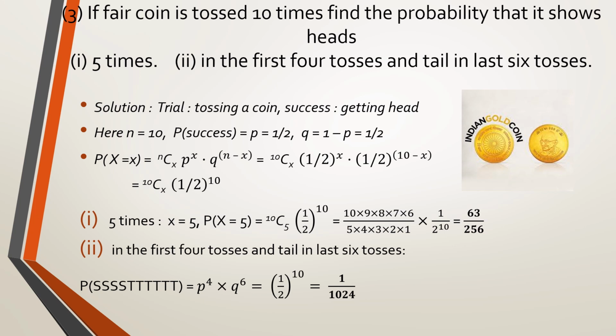That means you want success, success, success, success 4 times, then failure, failure, failure, failure, failure, failure last 6 times. So you're thinking of only one possibility. That will be p raised to 4, q raised to 6, half raised to 10. That means 1 out of 1024.